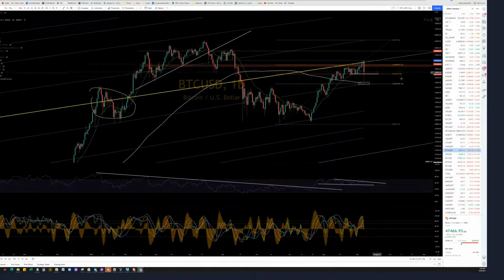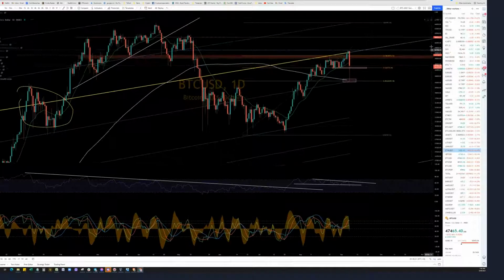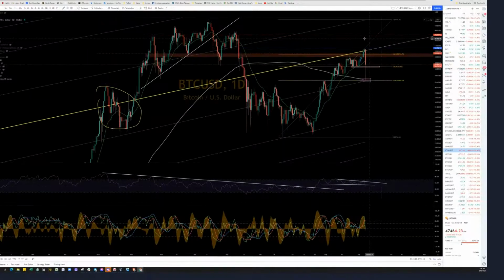So I'm still thinking the 60k, which is right up here, this red line here, I think that's still the target. And then we're going to have this type of formation right underneath. But I'm going to reserve my call until I see this next day's candle.